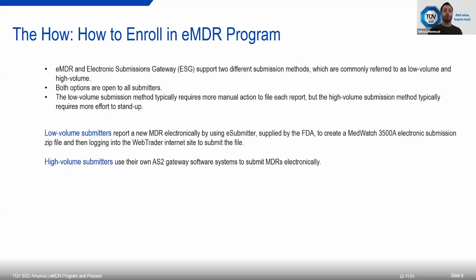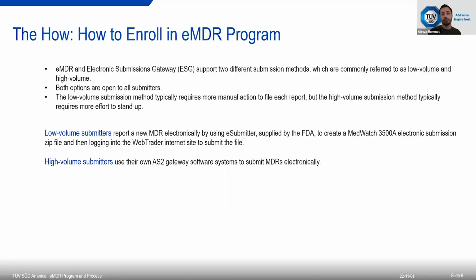There are benefits to low volume submission because they get the software from FDA, it's free, it's ready to go. But you have to submit each event individually, and you have to enter that information manually in that software and on eSubmitter. For high volume submitters, you can basically export the currently existing information in your complaint handling system and submit it to FDA, but you have to have that AS2 gateway platform.